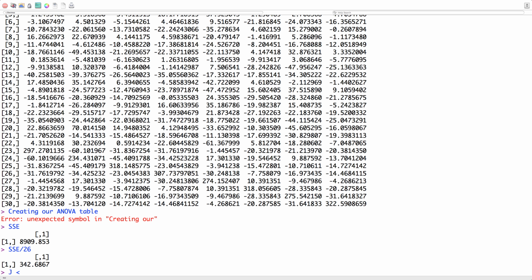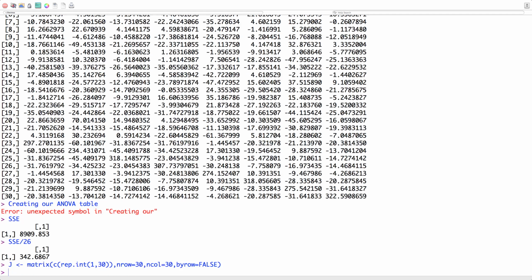So I would create the J matrix here, and I would probably go repeat, let's do this, c, repeat integer 1 30 times, in row would be equal to 30, in column would be equal to 30, by row equal false.